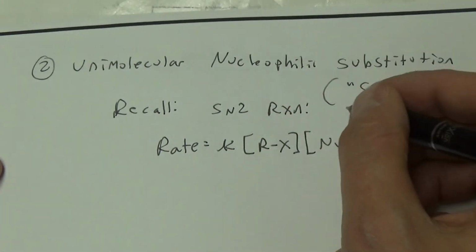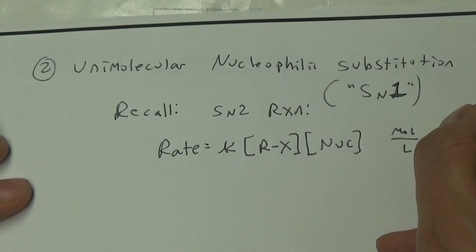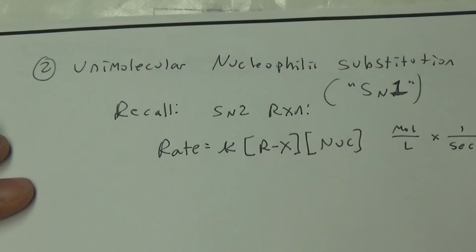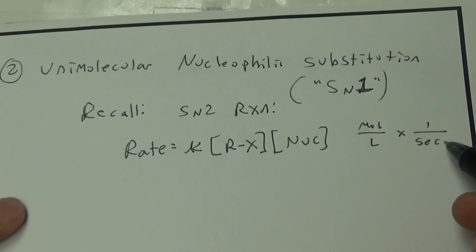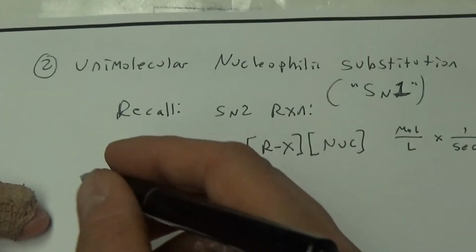SN2 is bimolecular. And it's moles per liter times 1 over seconds, so it's rate, moles per liter divided by seconds.